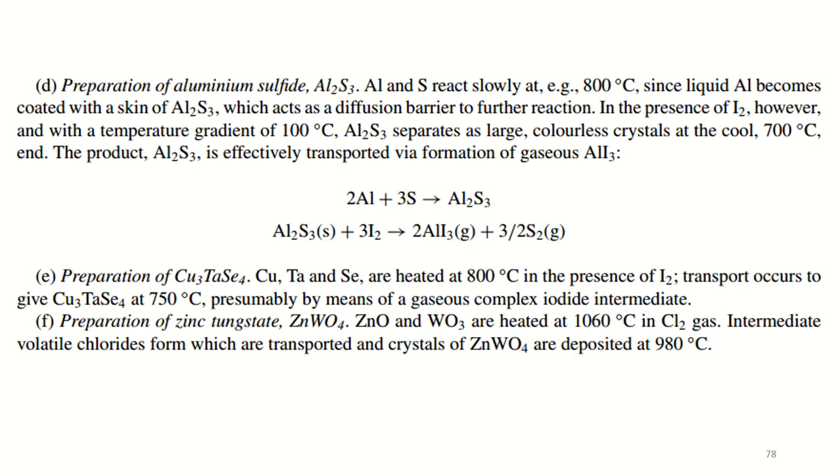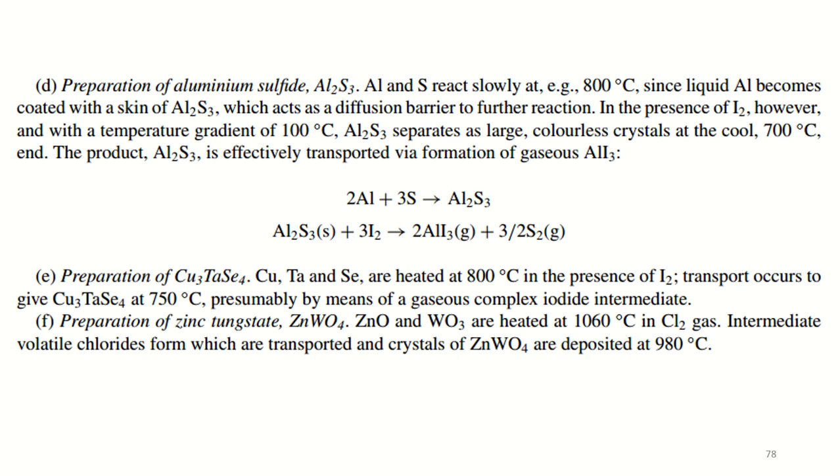Aluminium and sulfur are reacted and change into Al2S3, and this Al2S3 is then further reacted with iodine and changes into aluminium iodide and sulfur gas.